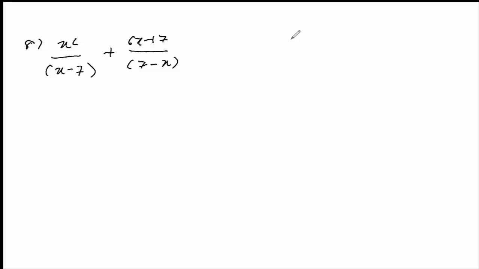So let's look up. One of the denominators in the first term is x minus 7, and then in the second term, the denominator is 7 minus x. Well, this one we'll keep the same, but this one, we have to pull out the -1 to get -7 plus x, and then we rearrange it, x minus 7.